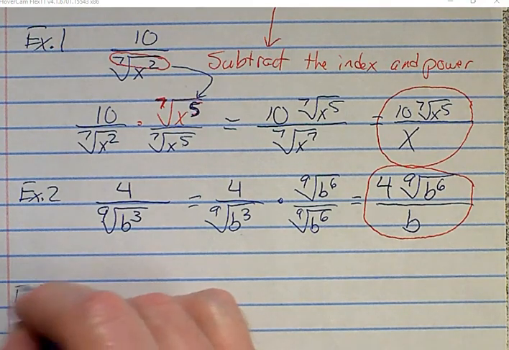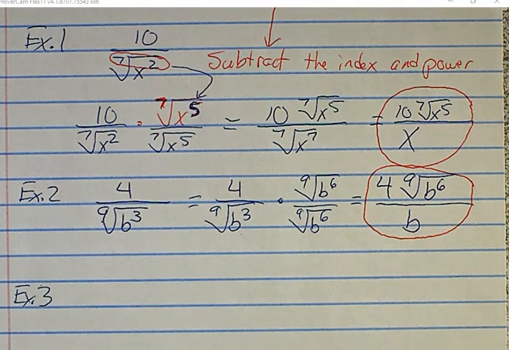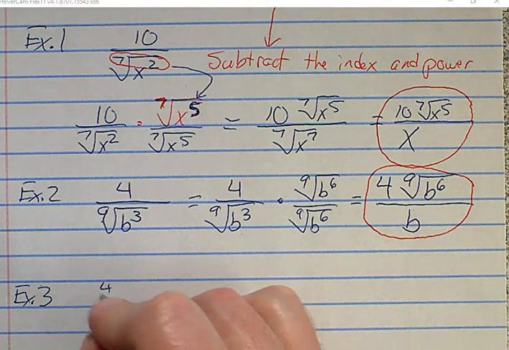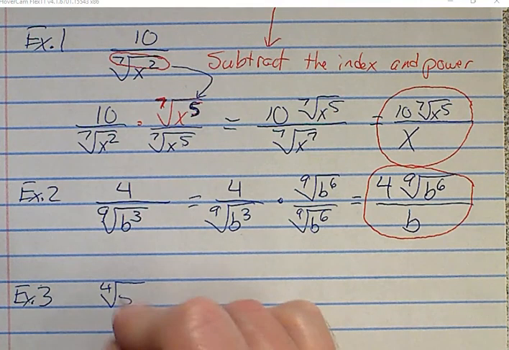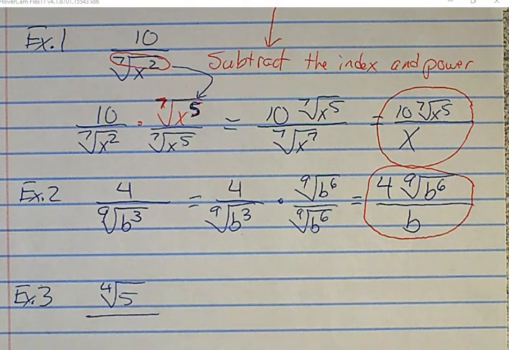This is one, it works the same way, but because it's numbers, it looks a little bit different. Let's do the fourth root of 5. We're going to put that over the fourth root of 7.